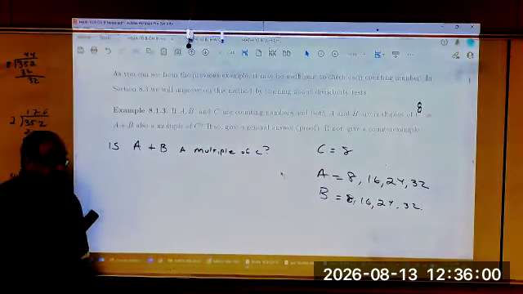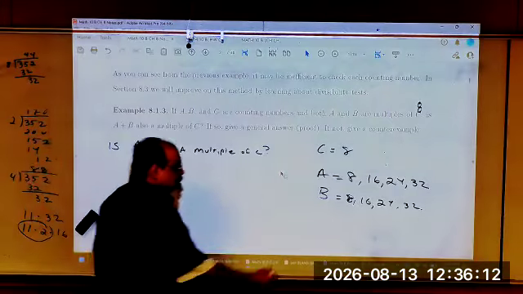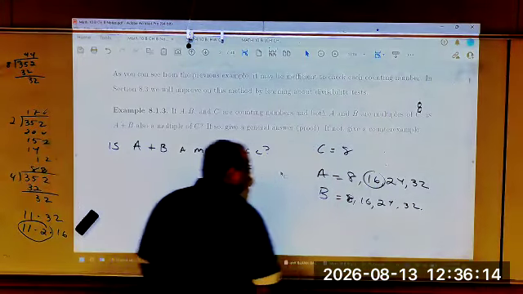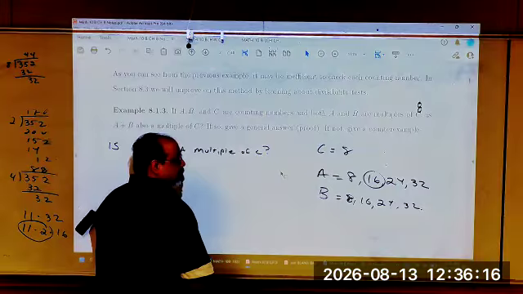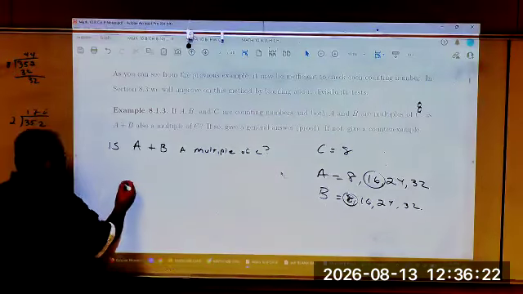So let's see if we just use one of our numbers that we picked, if it works. Pick one of those numbers out of the A set, 16. And then pick another number out of the B set, the 8. So the question would be this.